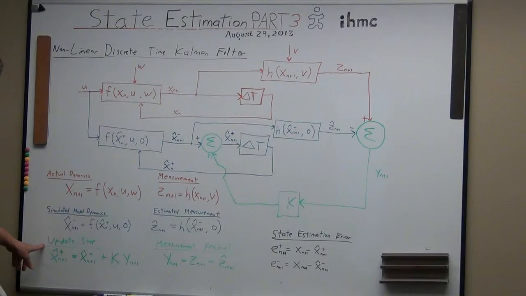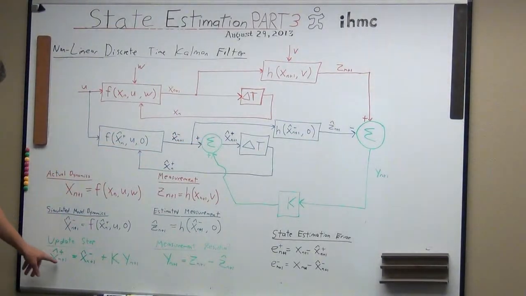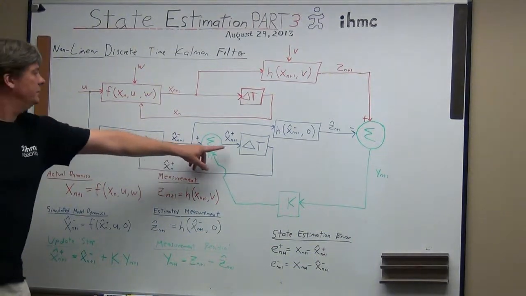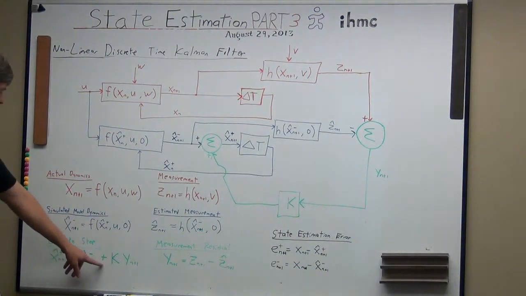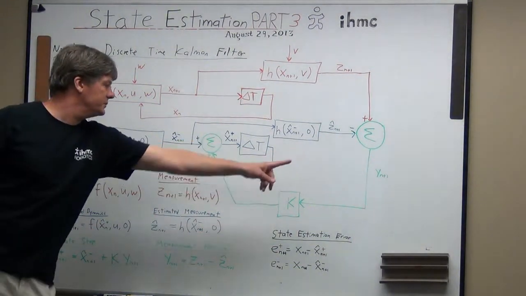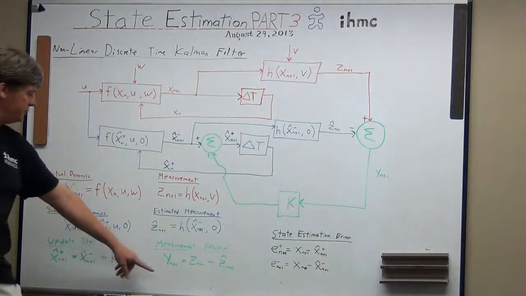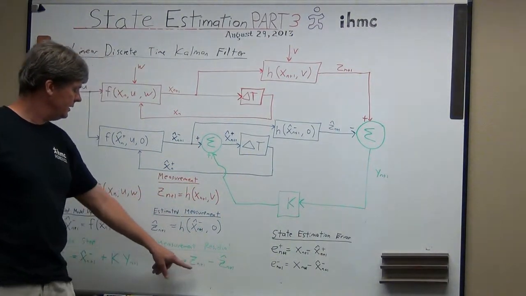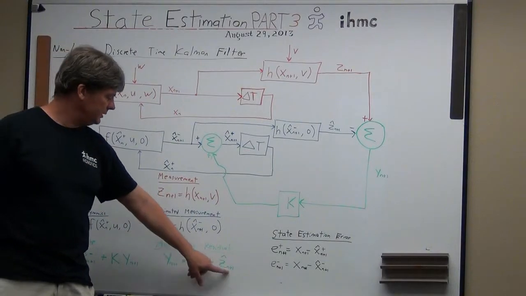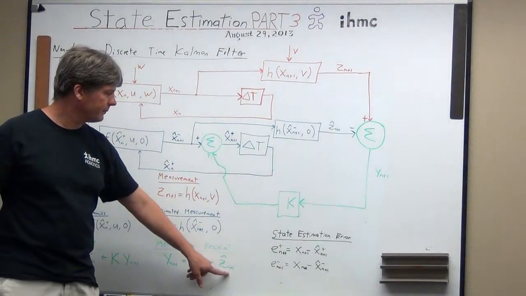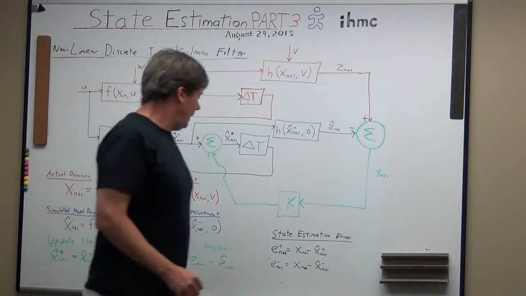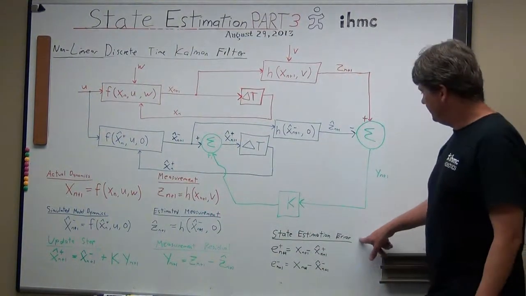Okay, and then your update step. The next state estimate, the posterior, is going to be the a priori plus K times your residuals, where your residuals are just the difference in your actual measurement minus what you think that measurement should be. Okay? And what we're interested in here is this estimation error.